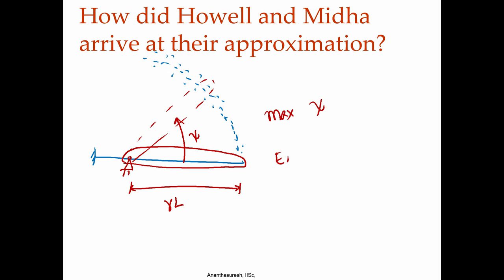So they try to maximize this psi for a given error. You may say the error should be less than some epsilon. For that they try to maximize this rotation.